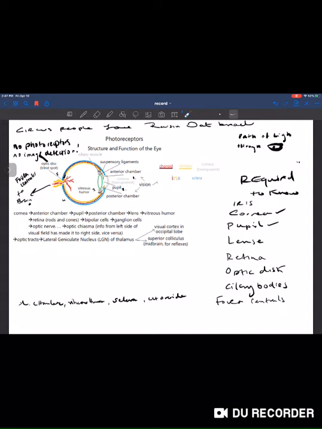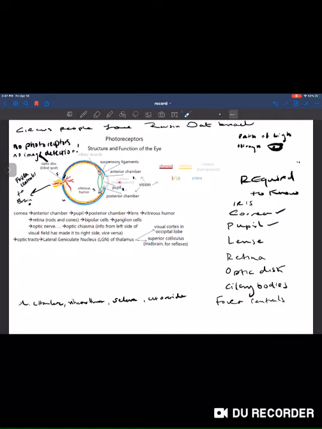Can you see it? So, as promised, I'm going to give you a mnemonic to help you remember the path of light traveling through the eye. So here we go. Circus people love raisin oat bread.